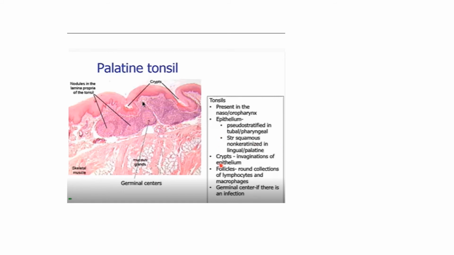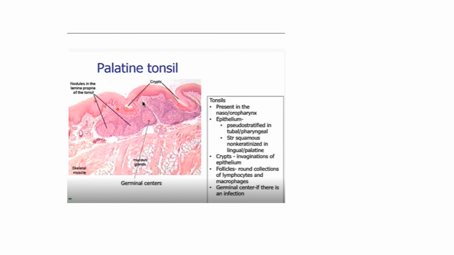So when you see the tubal and the pharyngeal slide, that will be lined with pseudostratified epithelium, while the lingual and the palatine are lined with stratified squamous non-keratinized, and invaginations are called the crypts.